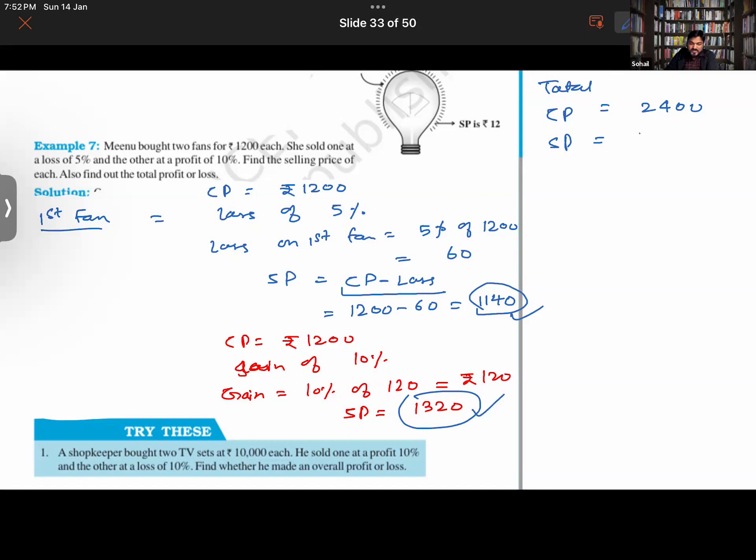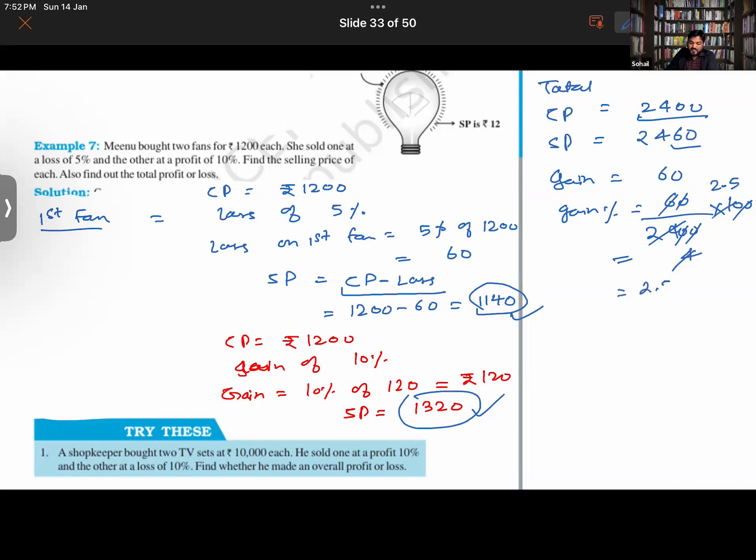Total selling price is 2460. So obviously यहाँ पर 60 rupees का gain हो रहा है. So gain is 60. So gain percent will be 60 upon 2400, it is always calculated on cost price, multiplied by 100. So we find it to be 2.5%.